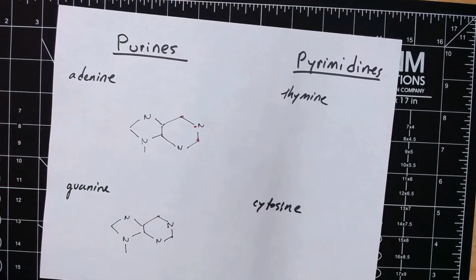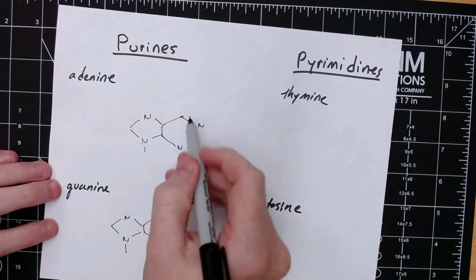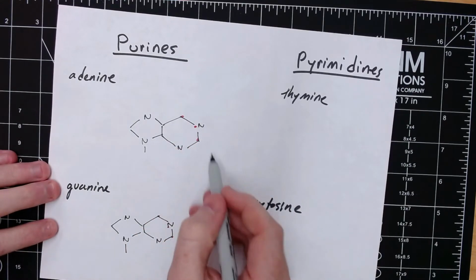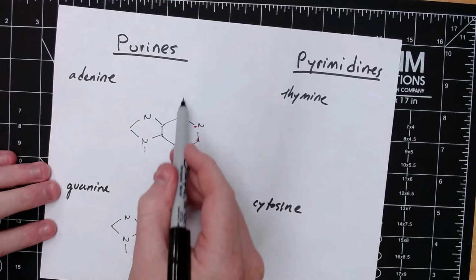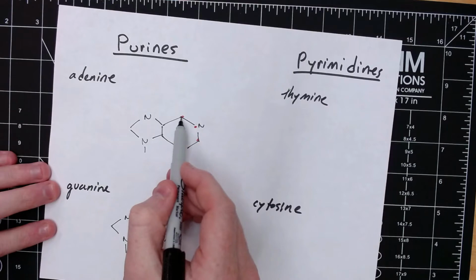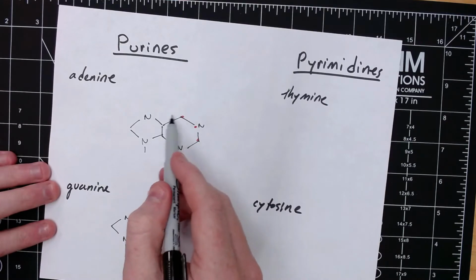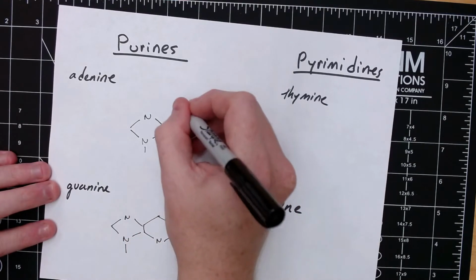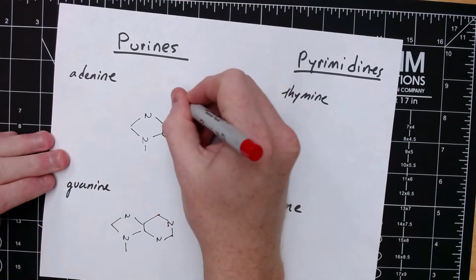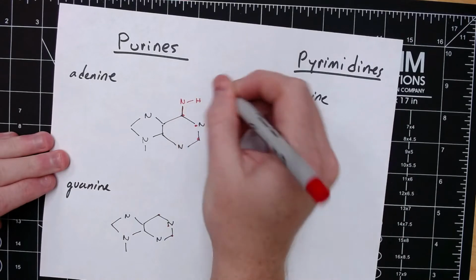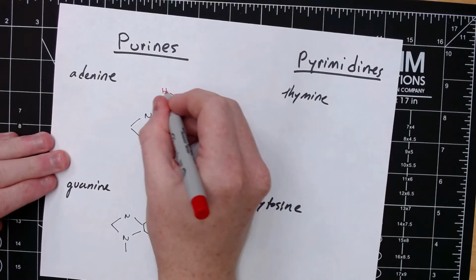For me anyways, I always start at the top because this is just how my brain works. And I always remember that adenine has an amino group at this top, adenine with an A, amino here. And so let's go ahead and substitute in on this ring an amino group there.